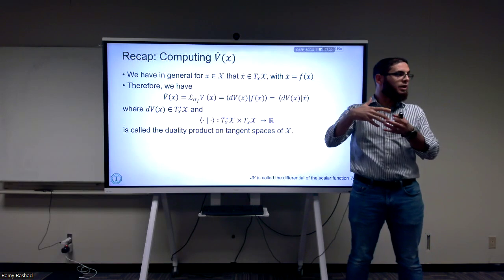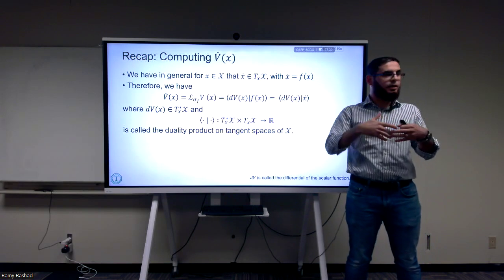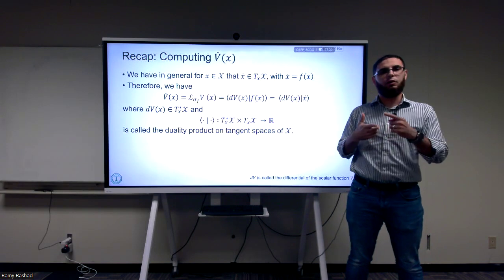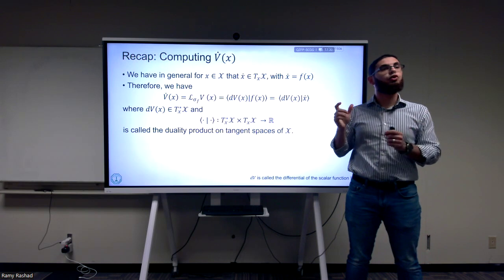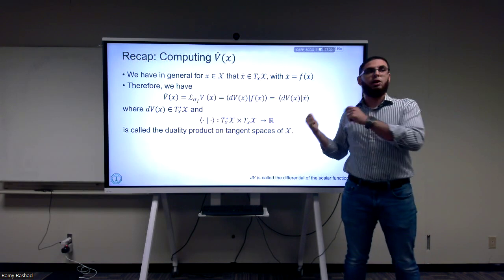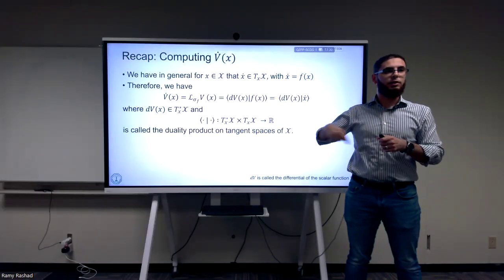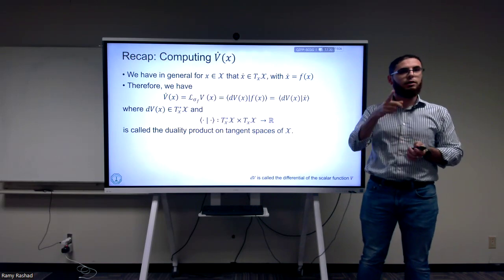The Lie derivative is a much more fundamental object in differential geometry, and it's used in different cases. For example, who here is familiar with controllability and observability? How do you do controllability and observability for a system on a manifold? Use the Lie derivative, and you use it recursively, just as a side note.